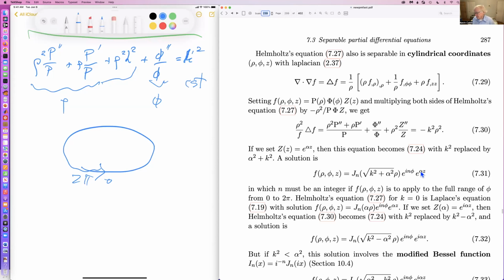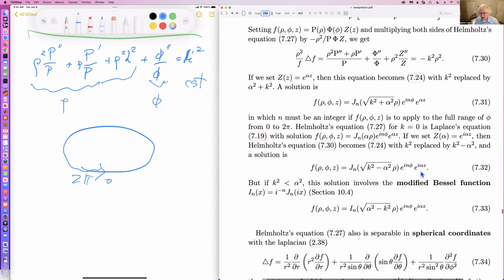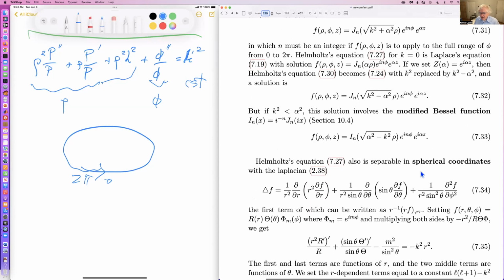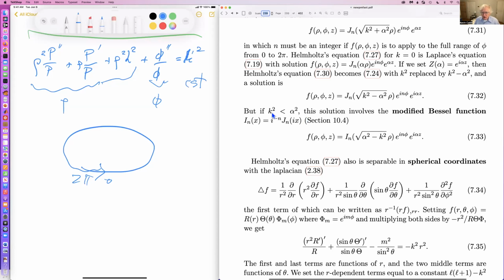And alpha can be either real or imaginary, or in general, it could be complex. So if we have k squared greater than alpha squared, this is the ordinary Bessel function. But when alpha squared is bigger, it's the modified Bessel function. So just to have a real argument, we call it I_n.